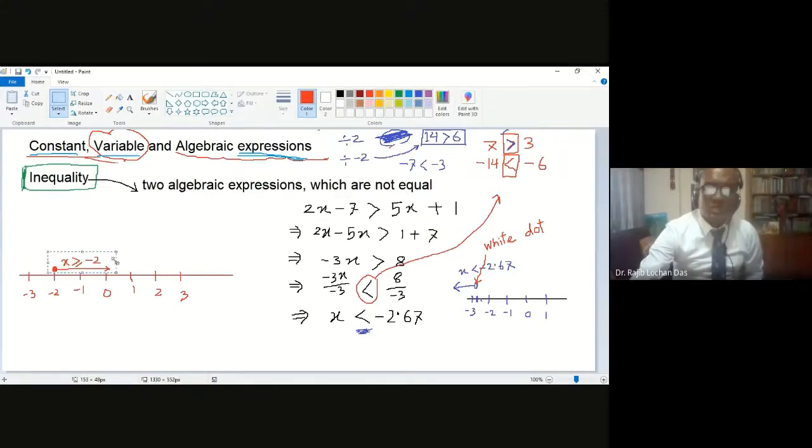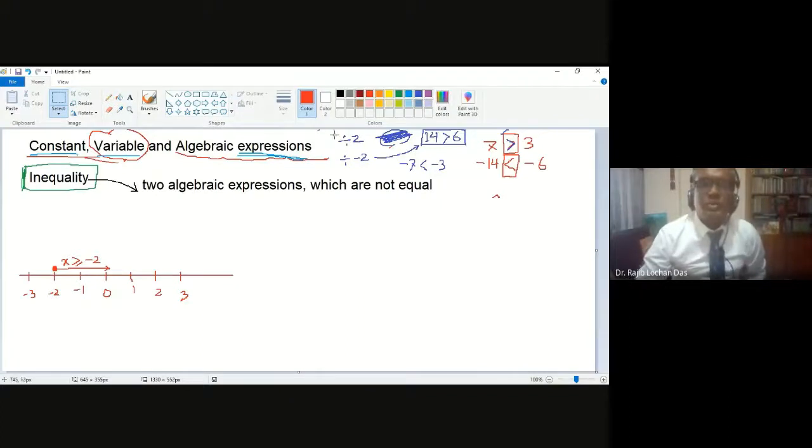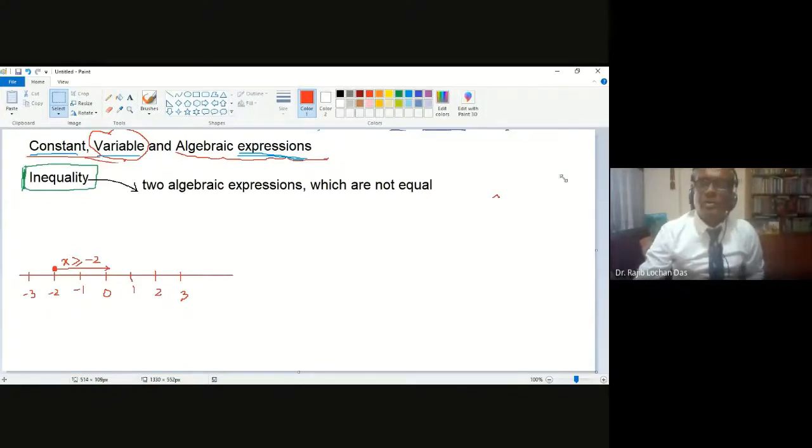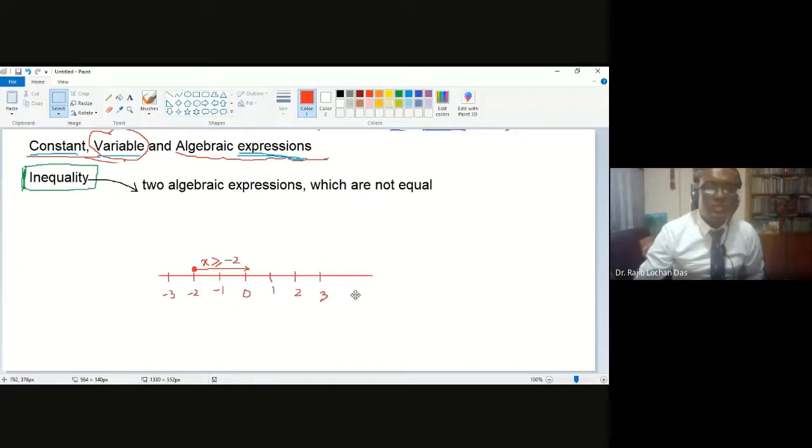Just some other examples. This is not from the problem. The problem is done, finished. Now I am showing some more examples for white dot or black dot. So this is one example, and it will be x greater or equal to minus 2.